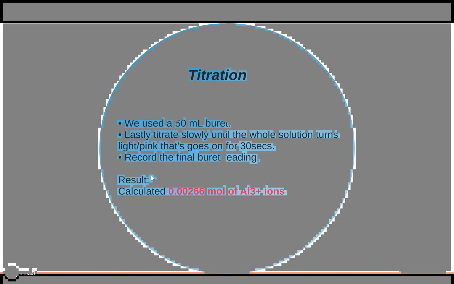Then we titrated sodium hydroxide until the solution turned pink because of the dye, the pigment that was used. At that point, it had reached a calculated amount of 0.0266 moles of aluminum 3 plus ions.